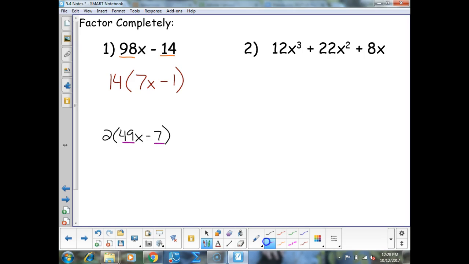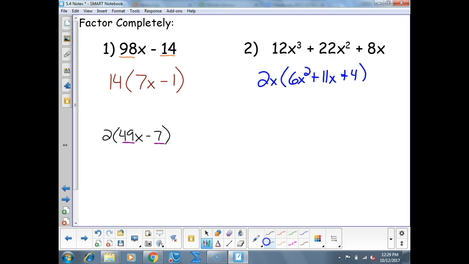So, looking at number 2. Is there a GCF? Because that's what you have to ask yourself every time. 2x? Do we agree on 2x? Okay. So if I factor out a 2x, then I'm left with 6x squared plus 11x plus 4.